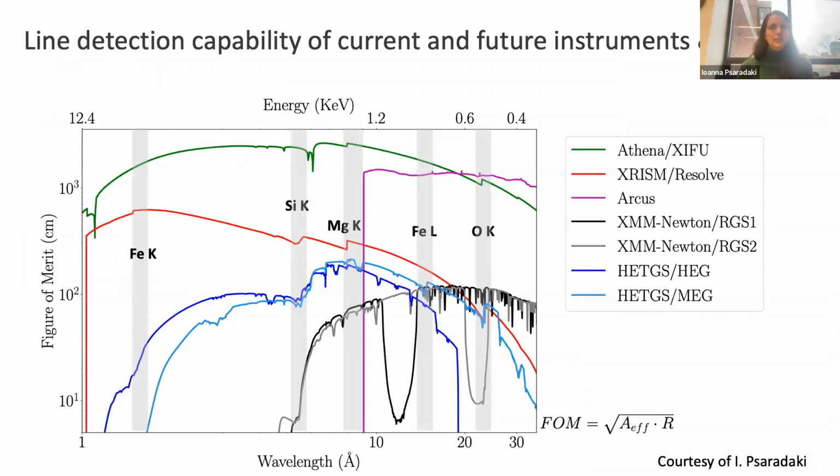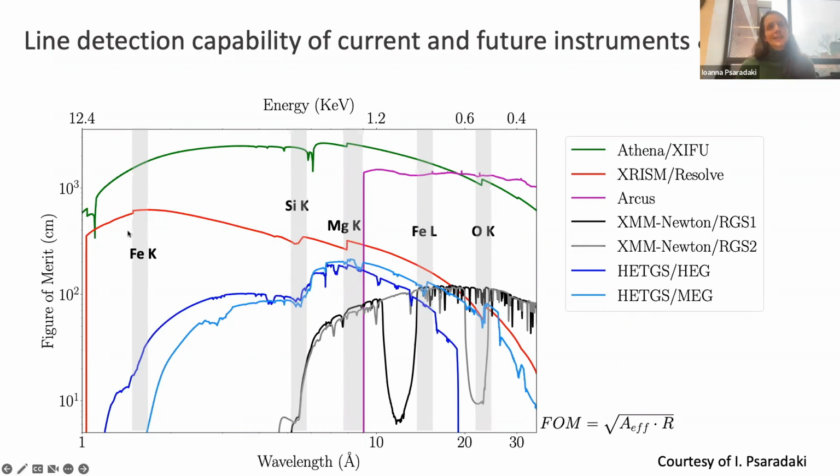So first, this is a plot that shows the line detection capability of current and future instruments. This is basically the square root of the effective area times the spectral resolution. So we can see where the XMM-Newton RGS is. It is better to study oxygen, that is about here. We also see Chandra.